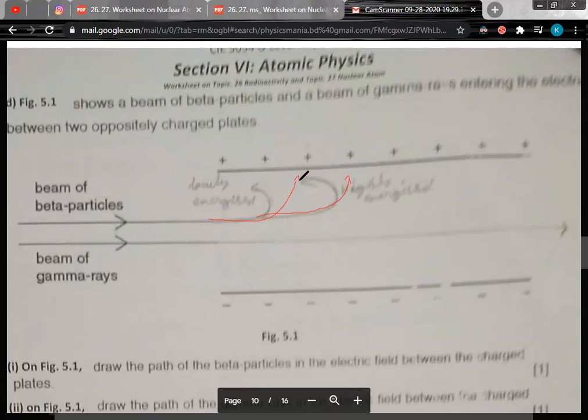Is it clear? But sir, isn't it like a parachutist jumping and the air resistance taking time to act? No, it's not like that. It's the attractive power. There is positive and negative charge. That's why it will curve starting from the electric field. Is it clear?